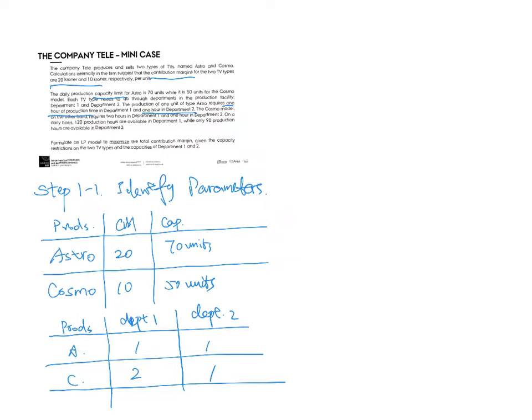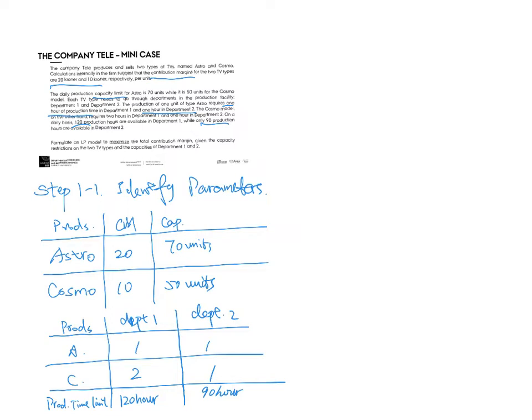We can name this the production time limit. In department 1, the limit is 120 hours per day, and in department 2 it is 90 hours per day. You can also see these two numbers in the text.